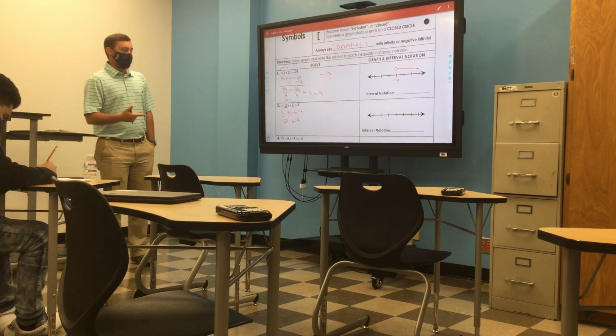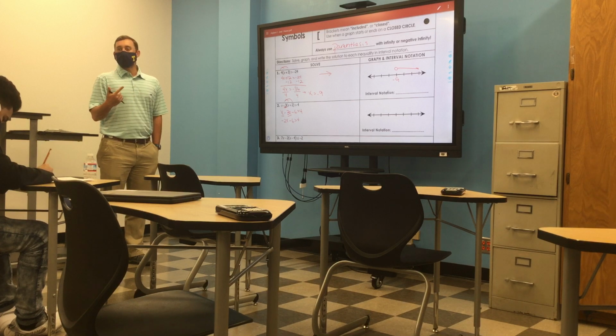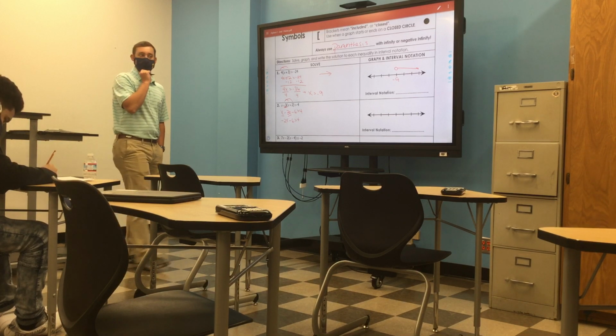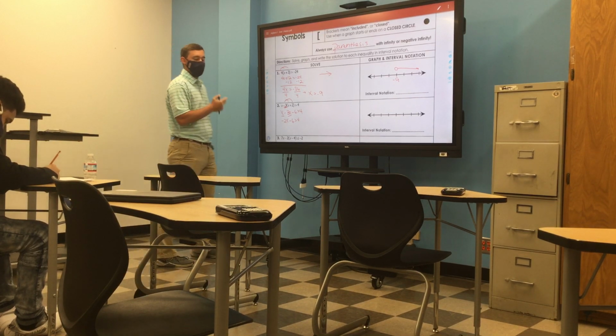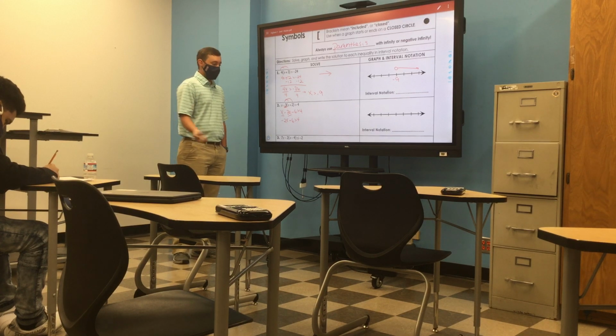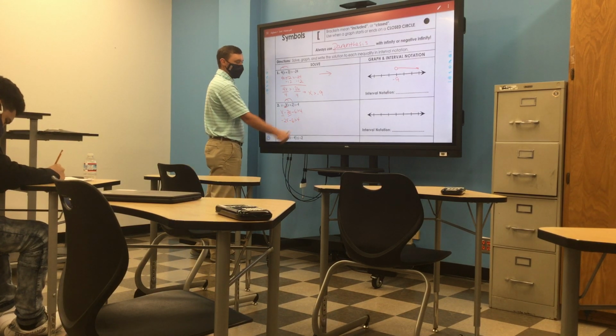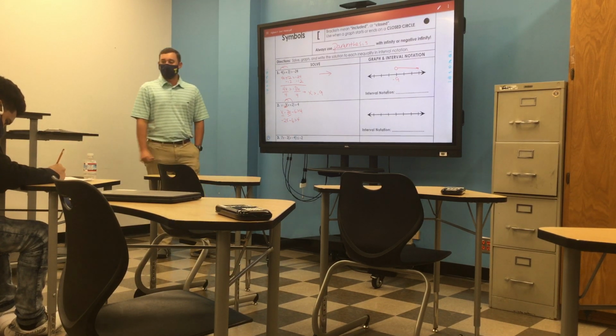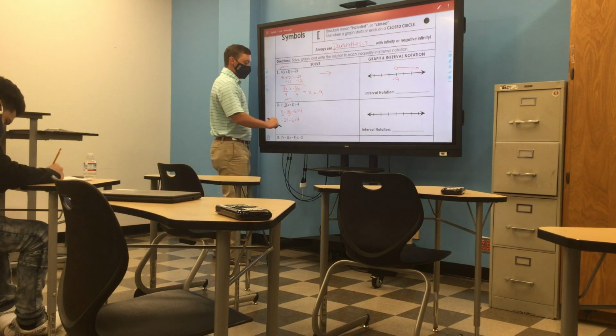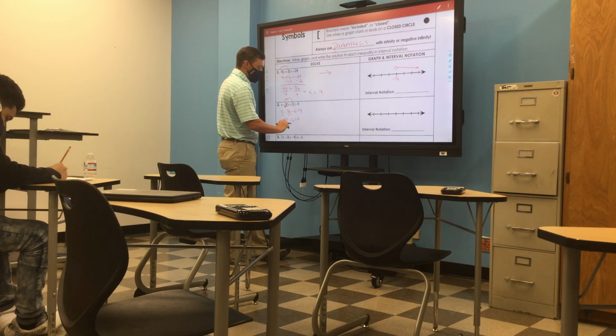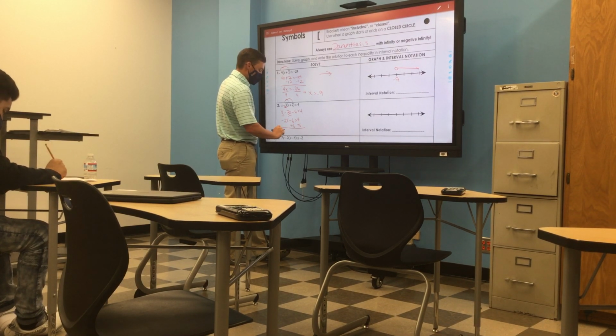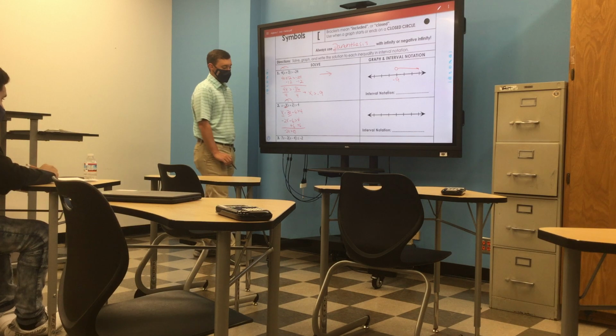We distributed and we combined like terms, and now we're at something that looks like a 2-step inequality, or even if you wanted to replace this with an equal sign, a 2-step equation, something that we're more familiar with. So we would need to isolate x, get x by itself. We would do that by adding 6. And you've got negative 2x is greater than 4 plus 6, which is 10.